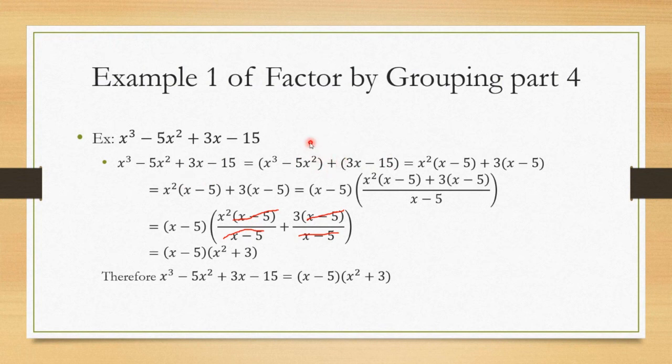At least with me, it does. Each individual group, we find the GCF and we factor it out. What's in parentheses here from both groups is the same thing. We have the same thing in parentheses among both groups. Then we factor that out. And finally, we get our factorization.